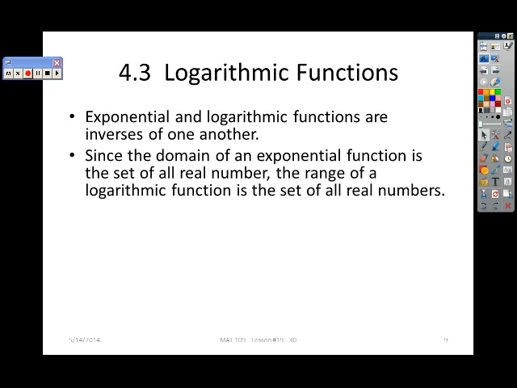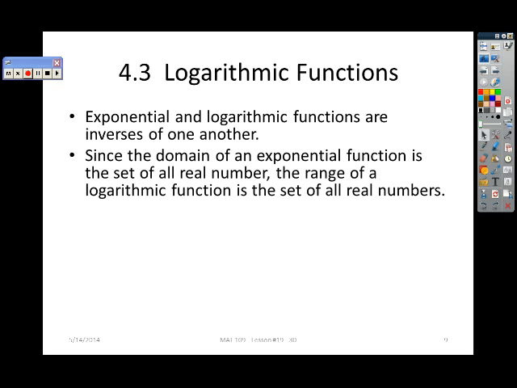And in fact, those 2 equations we looked at a minute ago, logarithm base a of x equals y and a to the y equals x, well, that a to the y is an exponential equation or an exponential function, and the logarithm is the logarithmic function.